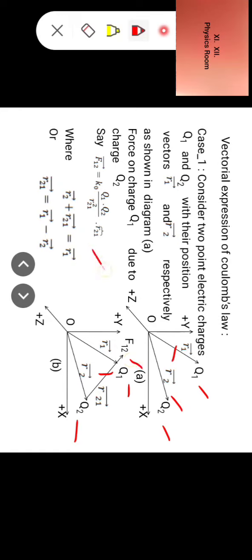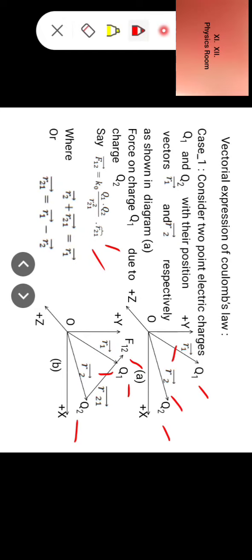F12 is equal to K naught Q1 Q2 by R21 square into unit vector R21, where vector R2 plus vector R21 is equal to vector R1.